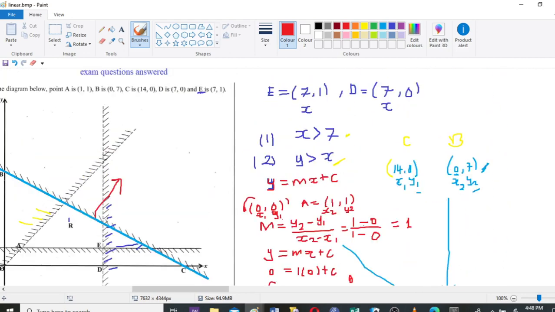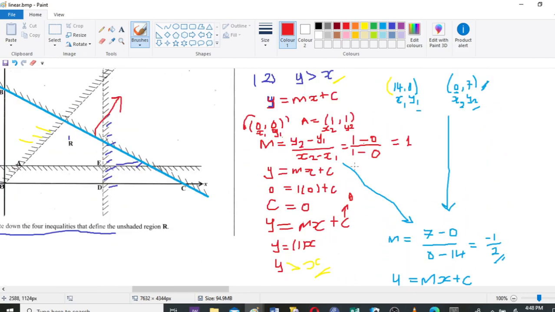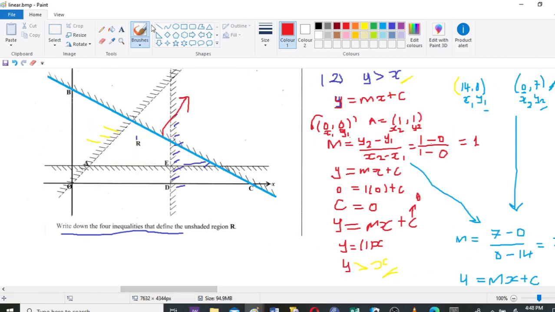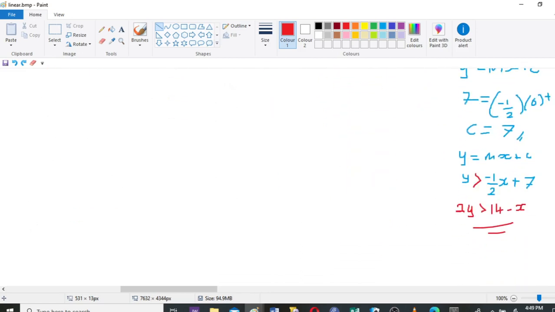So let's calculate the last one, which is represented by the line here. Look at where this line is passing. Before we proceed, we have forgotten something; we haven't completed.